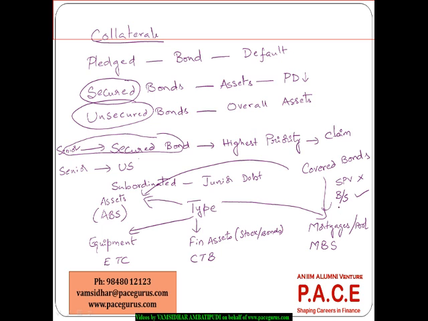But there is a special legal regulation that comes into picture, special legislation which makes sure that in case the assets that are set aside as a collateral for this payment are non-performing, the legislation says the company has to replace these assets with some other assets at regular intervals.